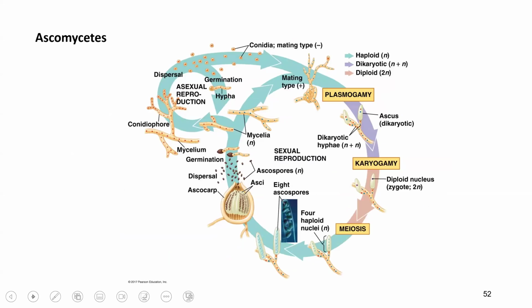Here's the ascomycete. Ascomycete translates to cup fungus. And that is named because of the ascocarp, and it looks like a cup. So again, we have our two hyphae. We get plasmogamy. Here, my dikaryotic or my heterokaryotic cells look a little bit different.